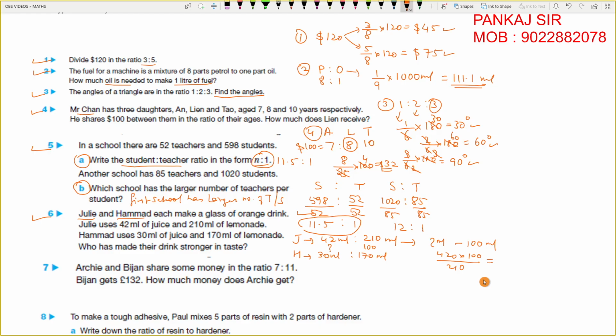It will be 42 times 100, that is 4200 upon 210, and that should work out to 20.